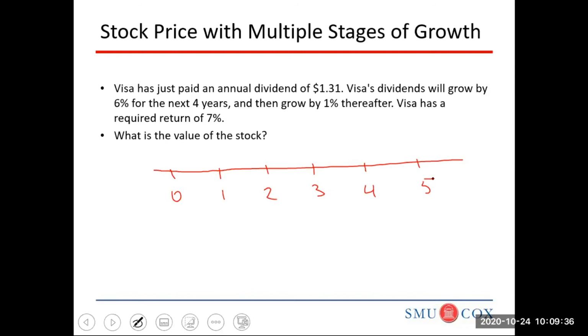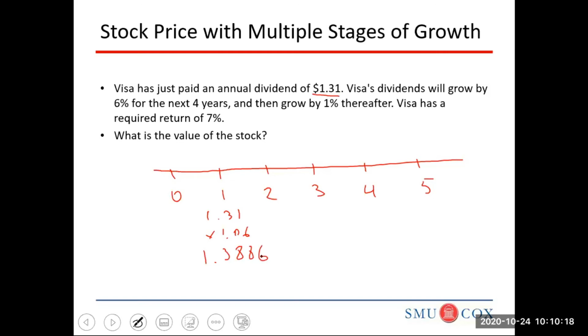So let's calculate the payments, because there are multiple stages and we have to calculate these individual payments. So they've just paid $1.31. What would they pay next year if it grows at 6%? 1.31 times 1.06, and that is 1.3886.